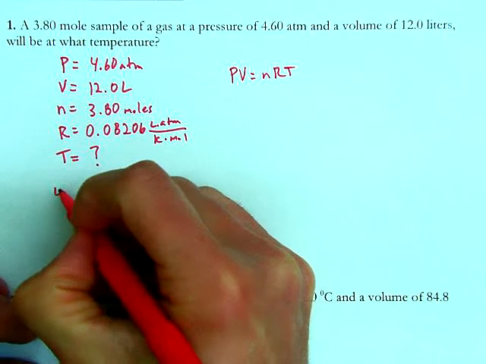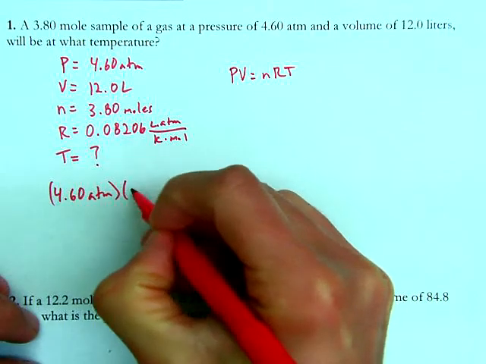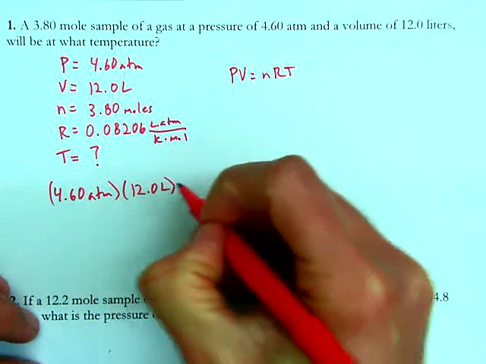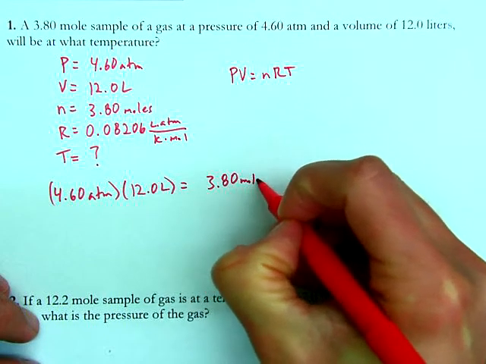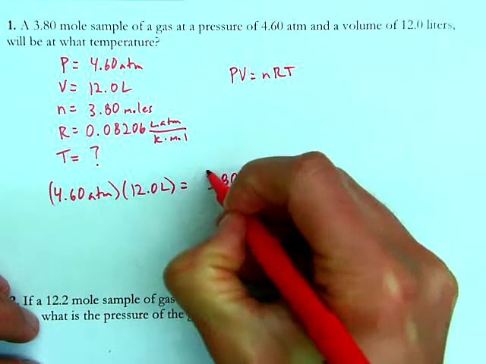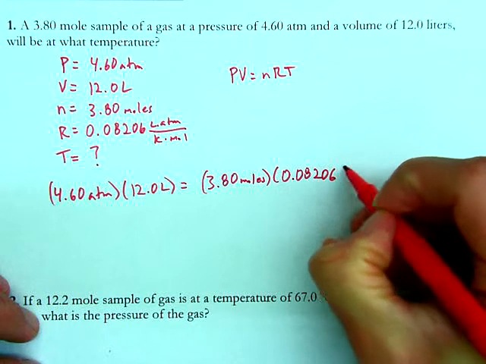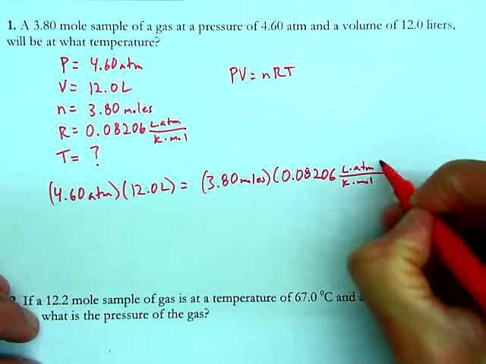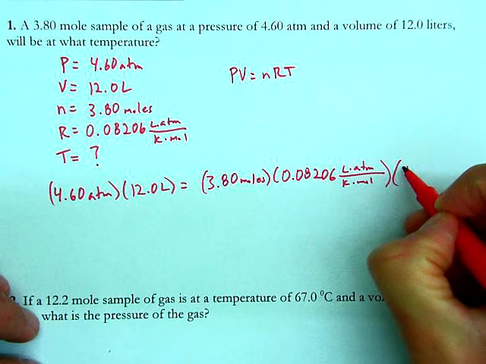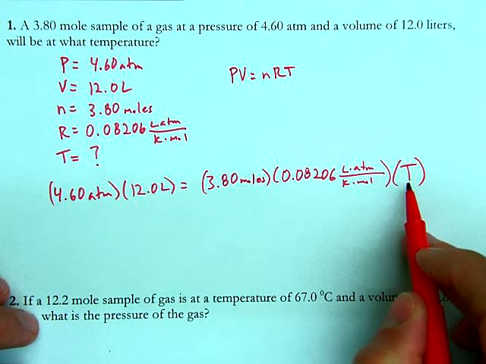So it's 4.6 atm times 12 liters equals 3.8 moles times R, 0.08206, times T. We're solving for T. Okay. So we need to get T all by itself on one side of the equal sign.